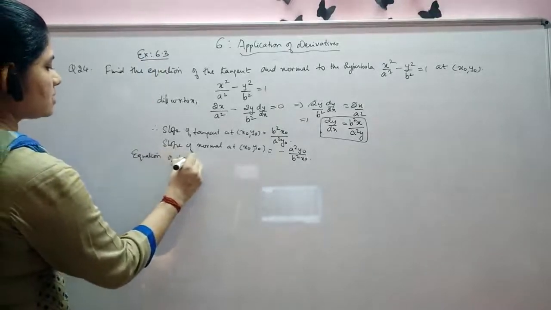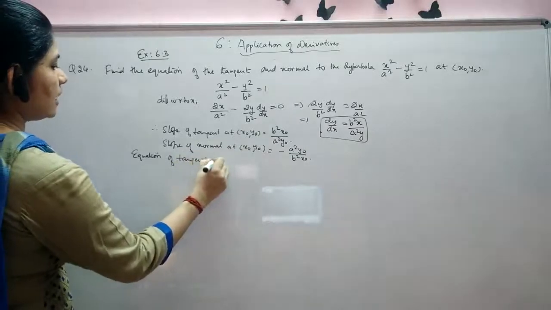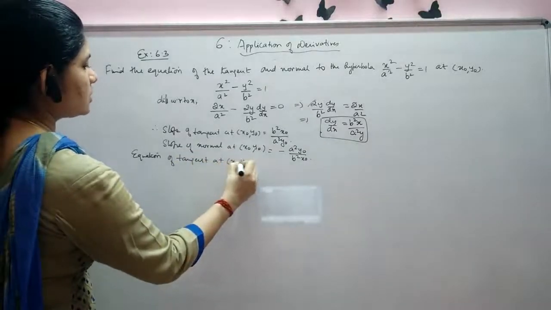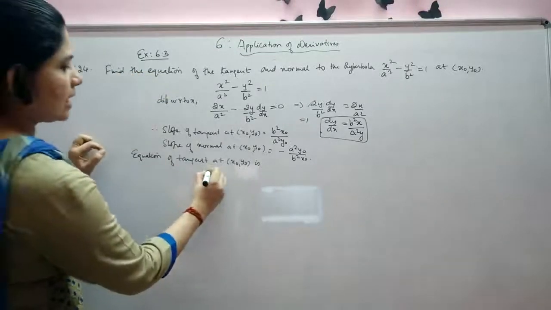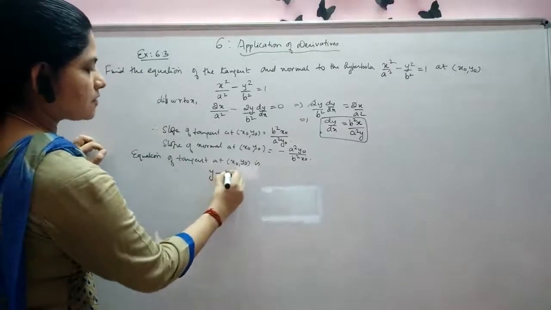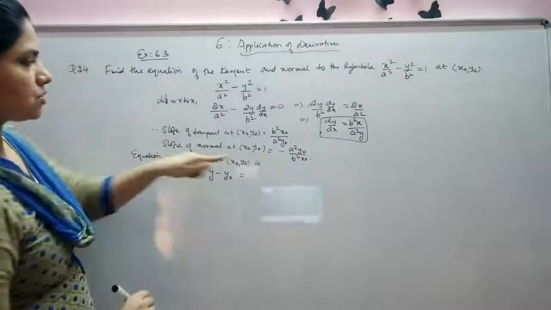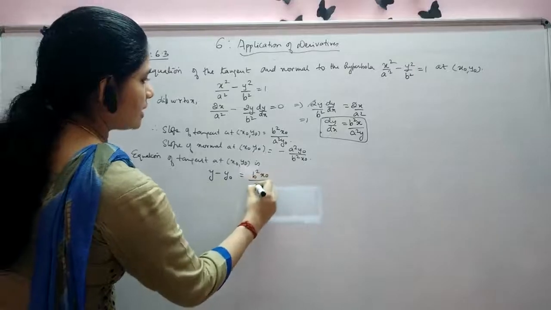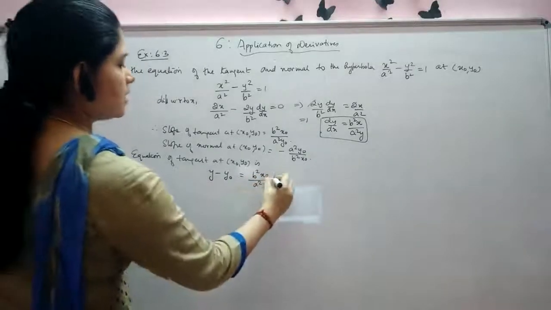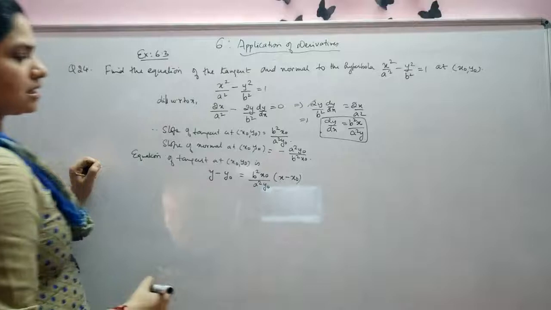Equation of tangent at x naught y naught is, what you will get, y minus y naught, again it is y naught only, is equal to slope of the tangent, which is b square x naught by a square y naught into x minus x naught.